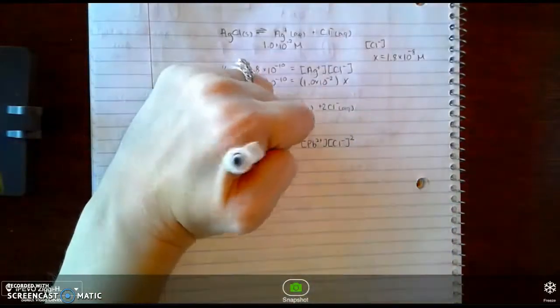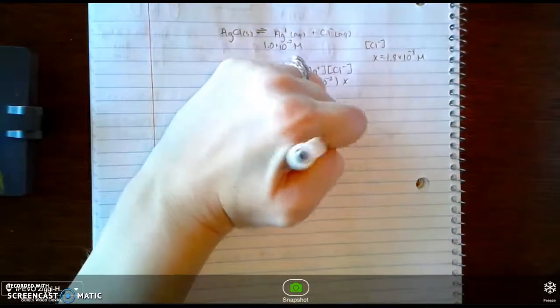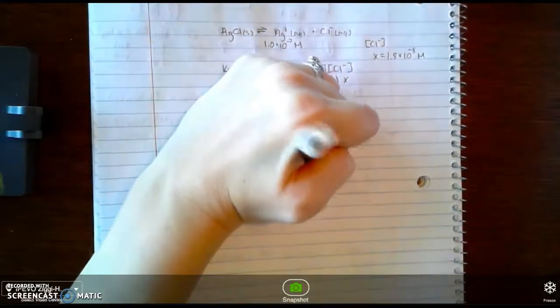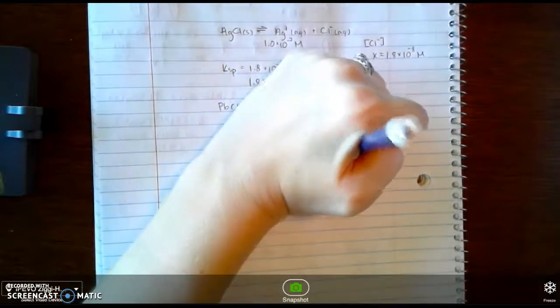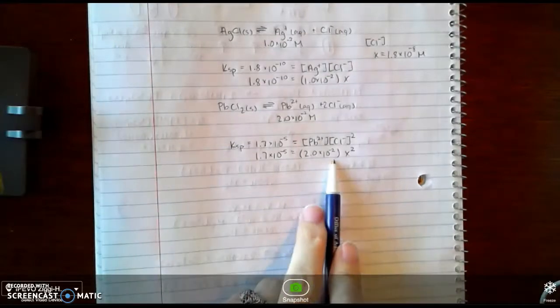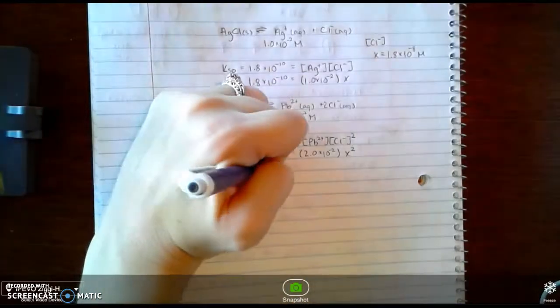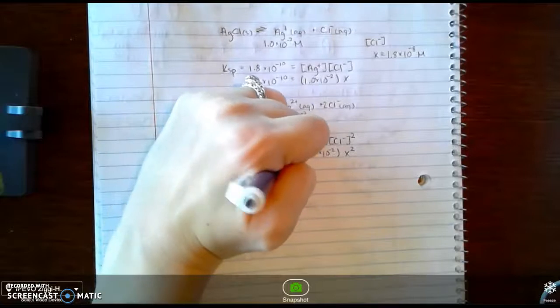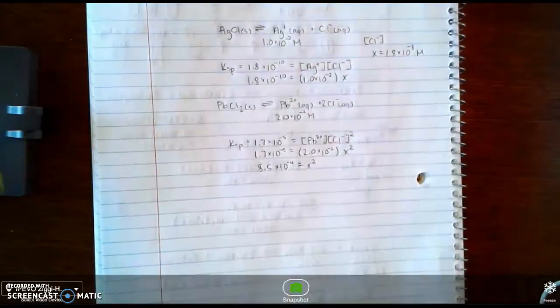So I've got 1.7 times 10 to the negative 5th equals 2 times 10 to the negative 2 times my chloride ion concentration squared. Again, I'm going to solve for X here. First I want to divide both sides by 2 times 10 to the negative 2. That gives me 8.5 times 10 to the negative 4th equals X squared.